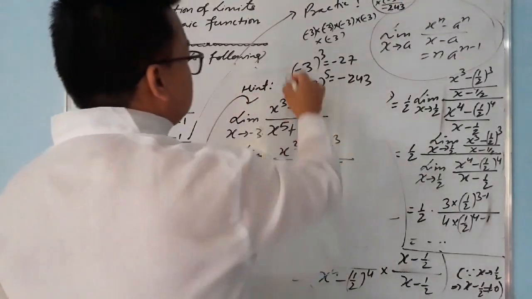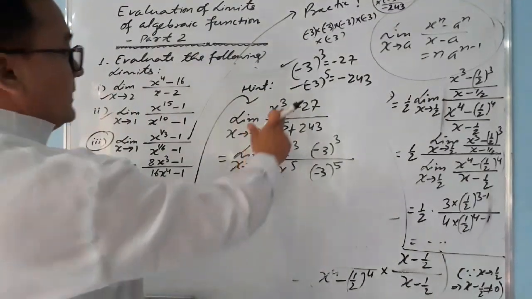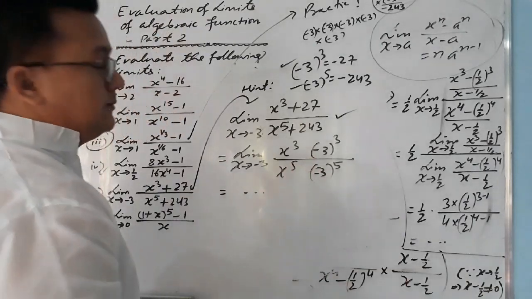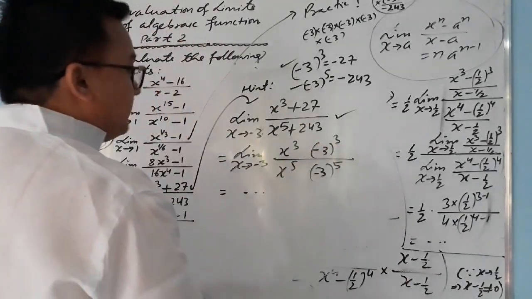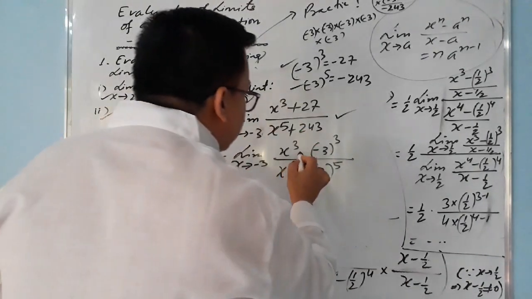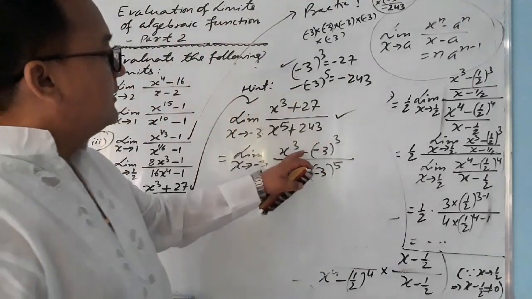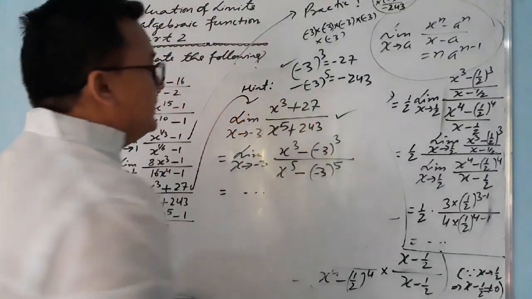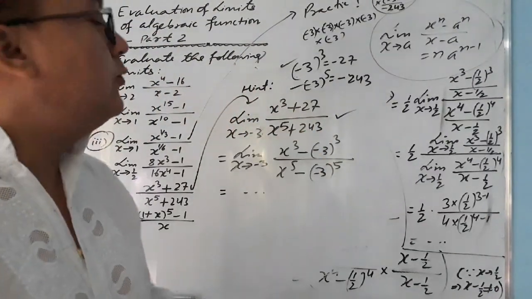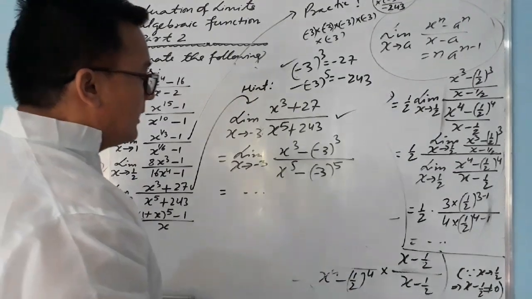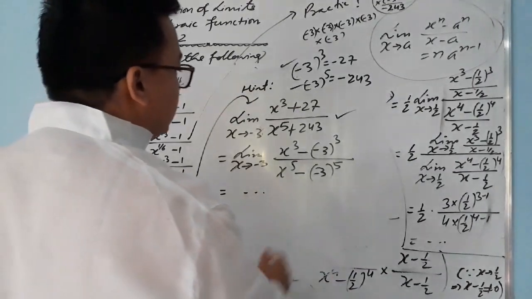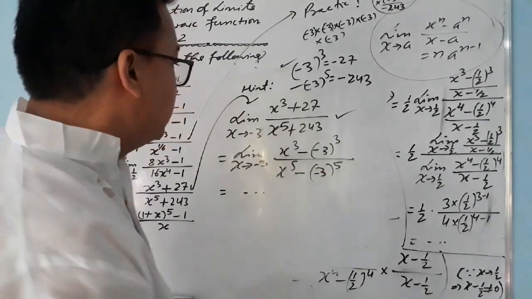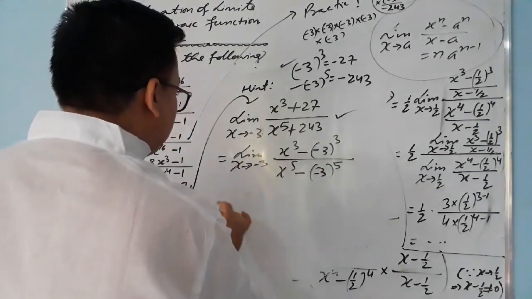Here we have a plus sign, which is all right, but we can't use plus because it's going to be negative. So if you use negative here, it becomes positive 27, and similarly positive 243. Now we need x minus 3 here.